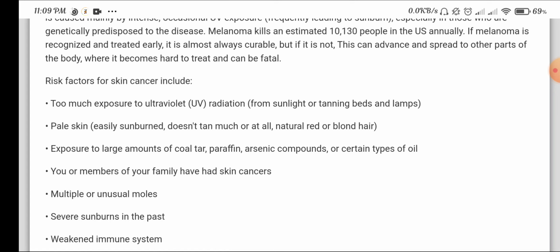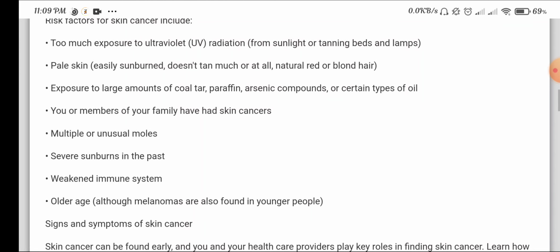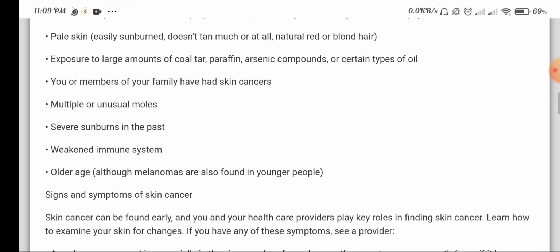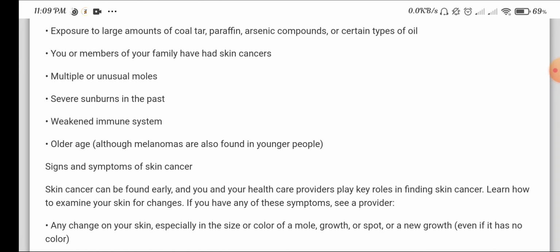Number 5, multiple or unusual moles, severe sunburns in the past, weakened immune system. Number 7, older age, although melanomas are also found in younger people.